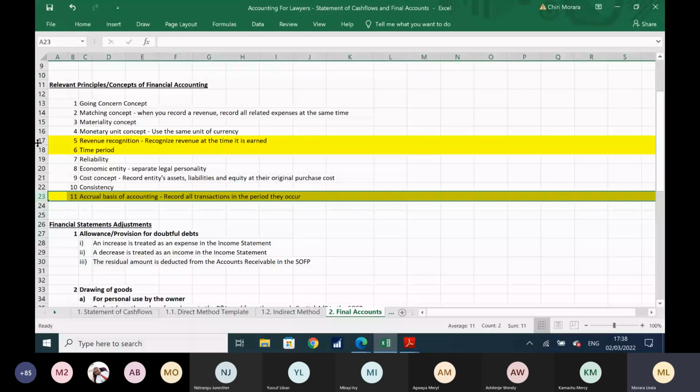Let's say you've drafted a contract. You have raised an invoice and invoiced them that you're supposed to pay us, let's say 200K for it. That is when you recognize your revenue. It does not matter that your client will pay you in 2024. It is still your revenue for this year. It is your income for this year, only that it will be paid at a later date.